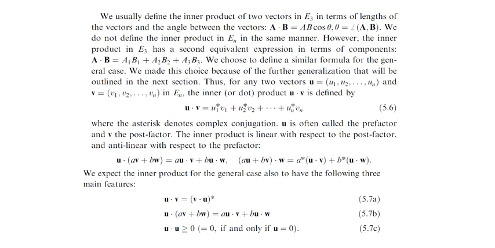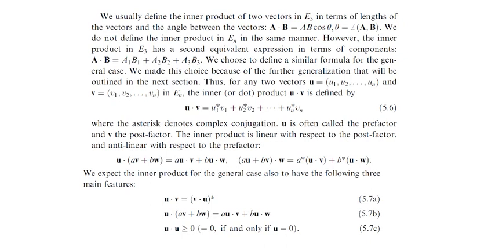When you have u as an n tuple of u1, u2, etc., un, and v is an n tuple of v1, v2, etc., vn, then the dot product or inner product in a general n-dimensional Euclidean space is defined like this.